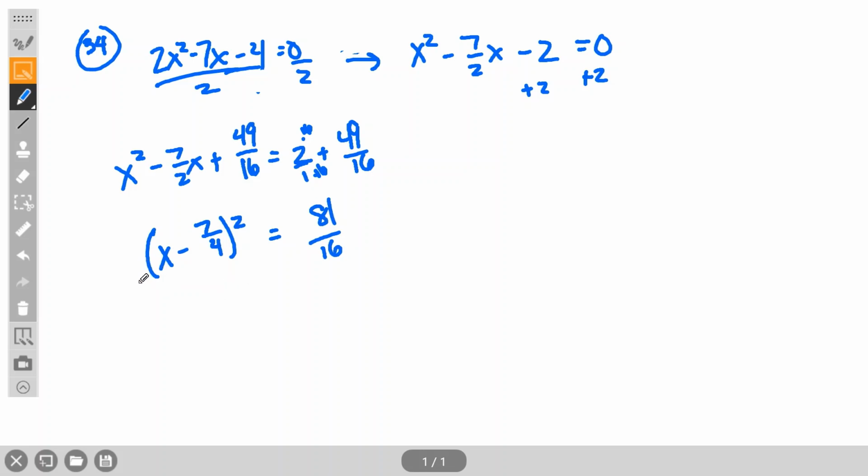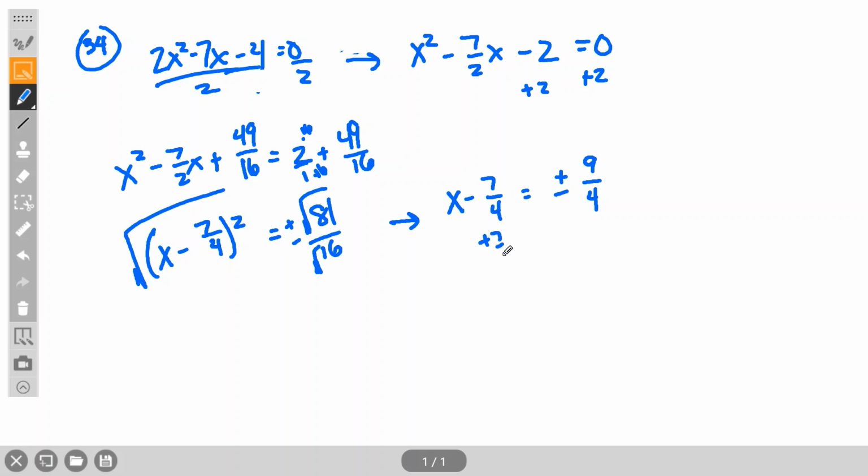Next step, square root both sides. So since the right side is a fraction, I'm going to do the top and bottom separately. It gives me x minus 7 over 4 on the left. On the right, I have plus or minus 9 over 4. Add 7 over 4. So my solutions, 7 over 4 plus or minus 9 over 4.